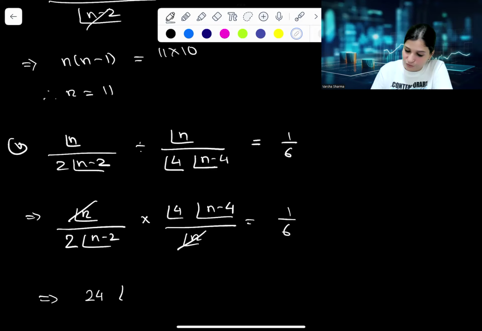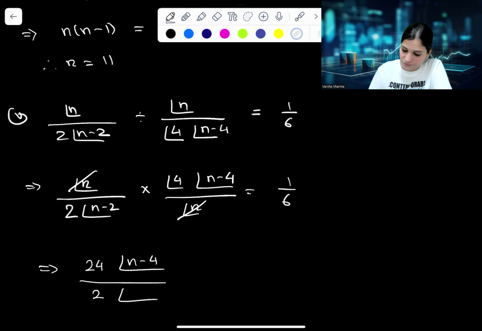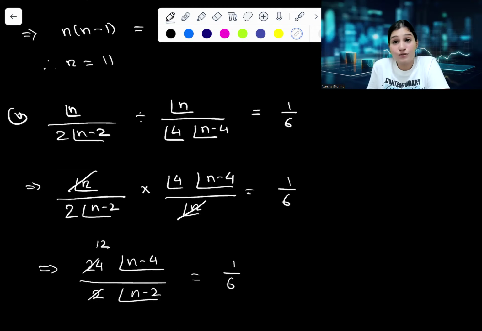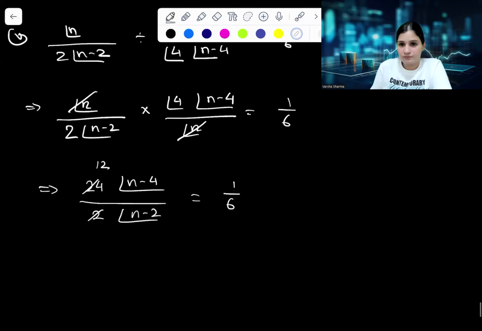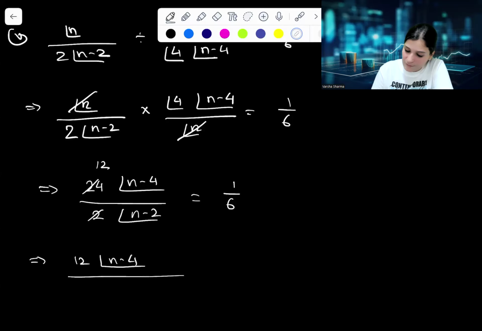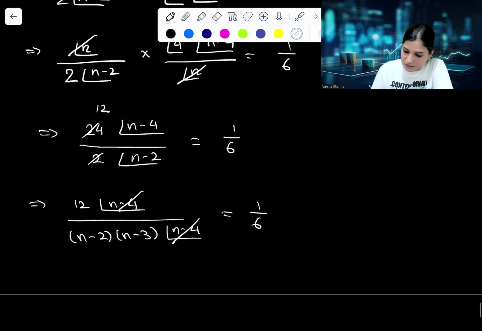Factorial 4 is 24, 4 into 3 into 2 into 1. Out of n minus 4 and n minus 2, which one is larger? N minus 2. So we will open n minus 2 till we get n minus 4: n minus 2, n minus 3, n minus 4 factorial gets cancelled. 72.